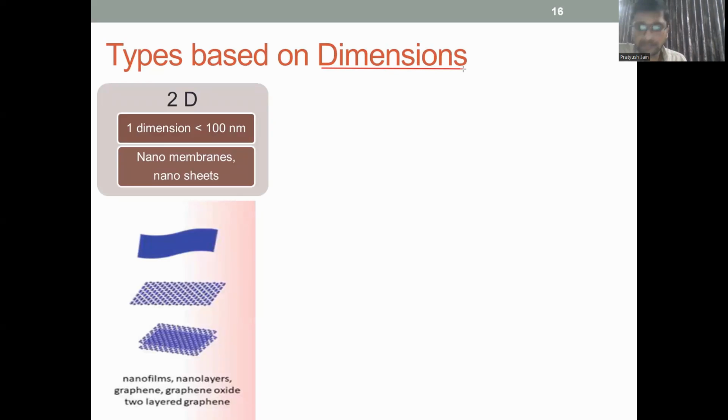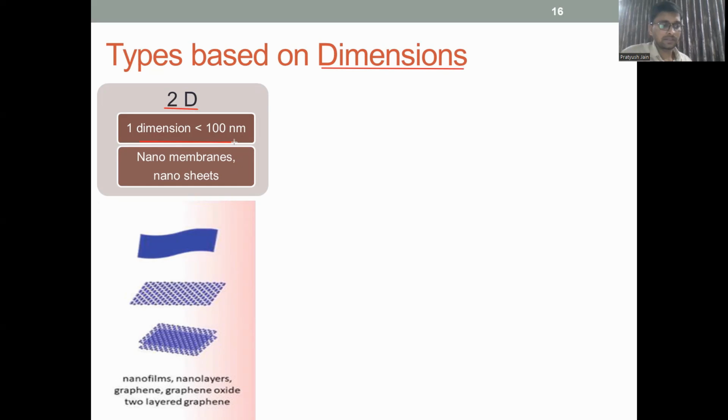We have already discussed that there are three types of nanomaterials based on dimensions. The first is the 2D type nanomaterial. If exactly one dimension of a nanomaterial is smaller than 100 nanometers, it is a 2D type nanomaterial.